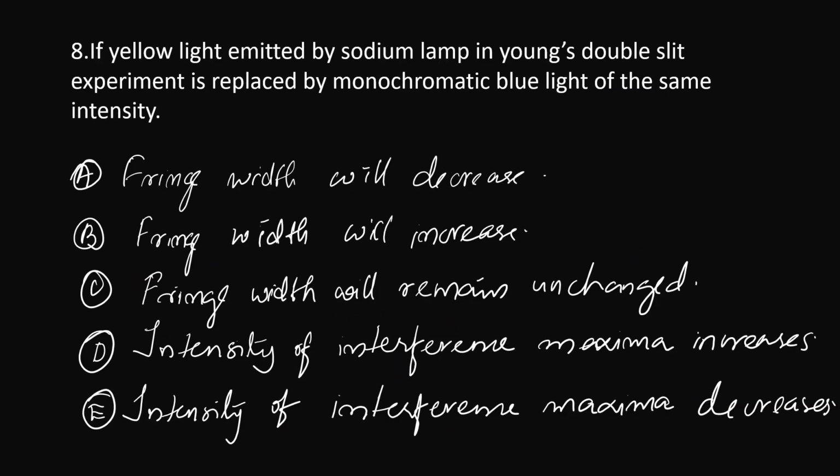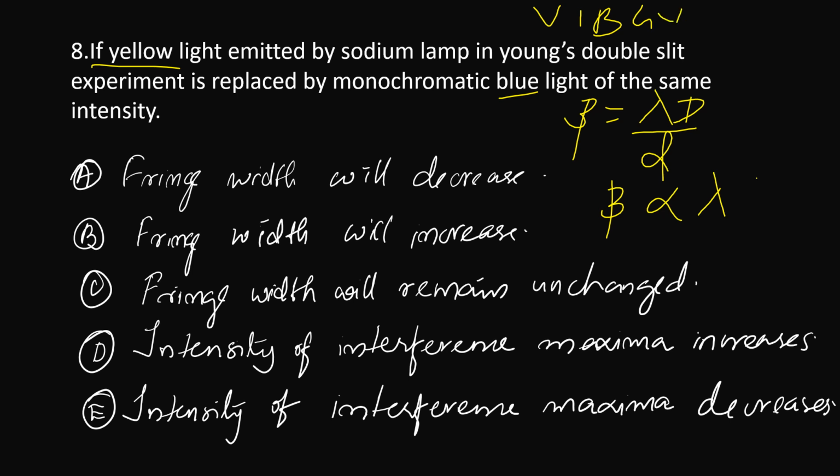If yellow light emitted by sodium lamp in Young's double slit experiment is replaced by monochromatic blue light of same intensity, options are given. We know that fringe width beta equal to lambda D by d, or beta is proportional to lambda. If you consider yellow and blue light, in VIBGYOR we know that from violet to red, lambda increases.